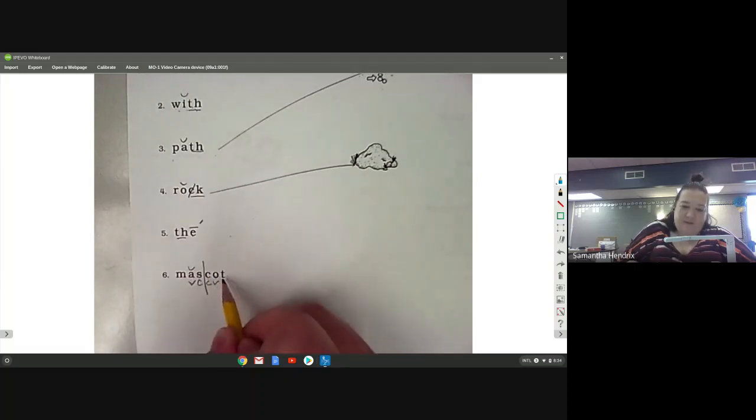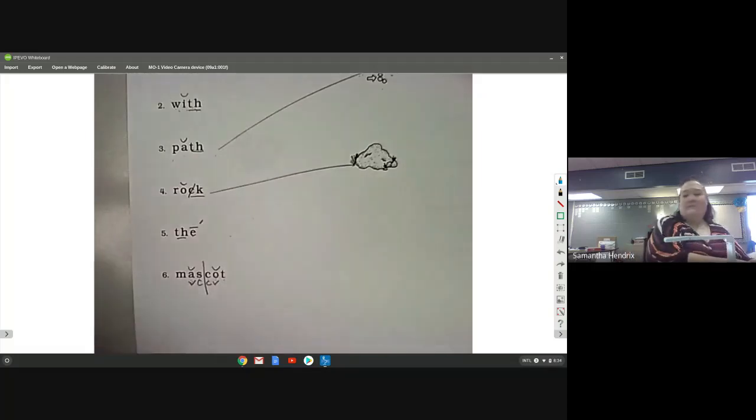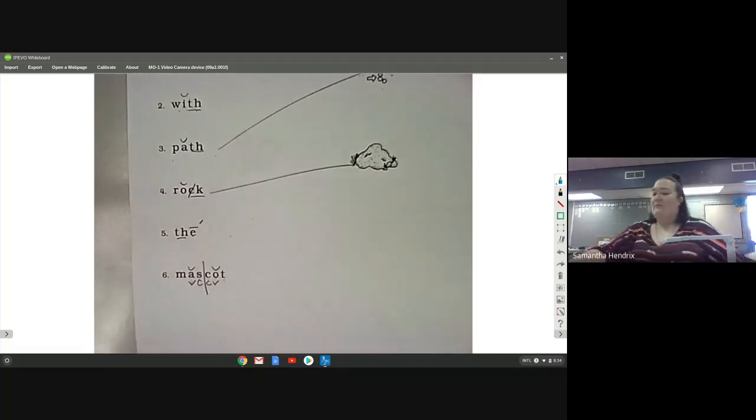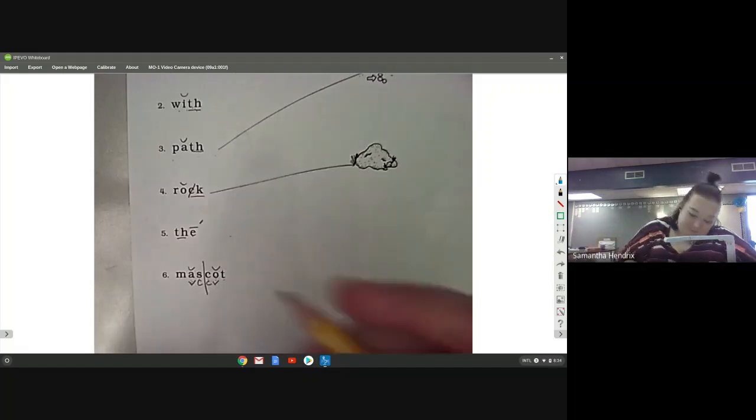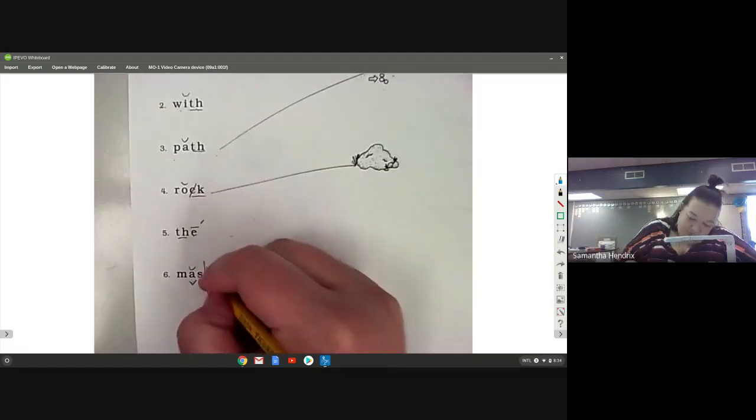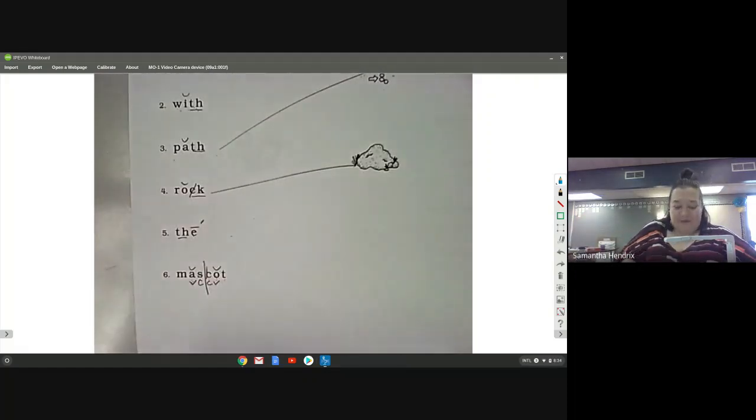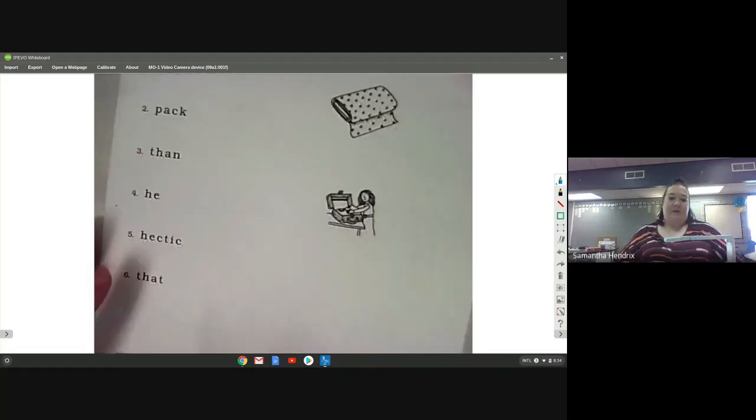This vowel is going to be short because it's followed by a consonant. Sound that word out. Ascot. Don't forget your K back. Good job. You do this side.